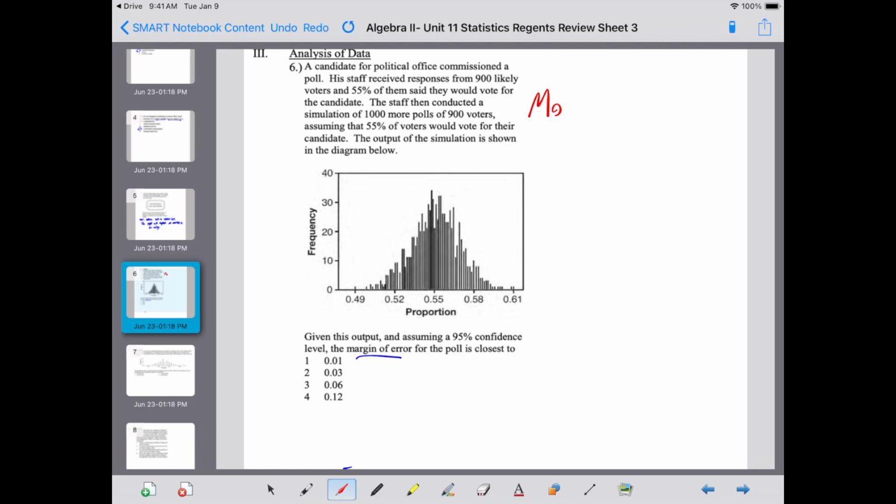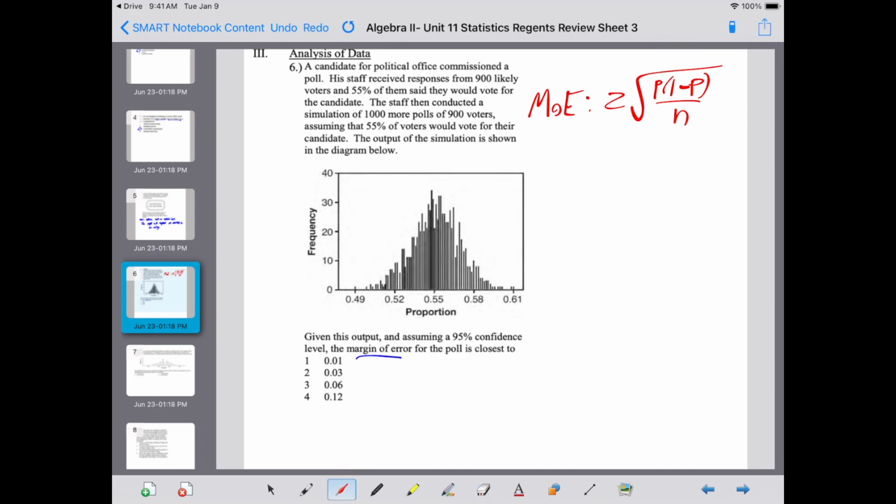So your formula for margin of error, you have to memorize this, is z times the square root of p times 1 minus p over n. Z is your z-score, p is your percentage, and n is the sample size.